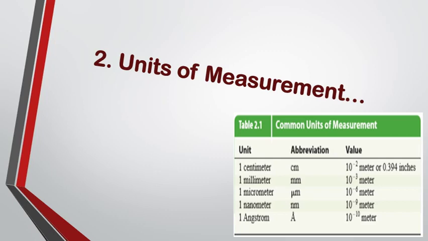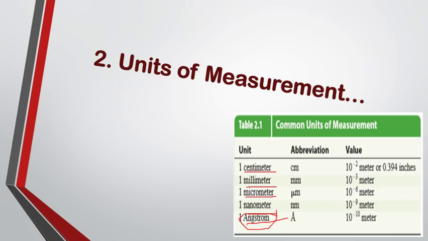The most common units that we use in our daily life are centimeters and millimeters. Then we have micrometers, nanometers, and angstrom. The smallest measurement unit is the angstrom, and we majorly use this unit in microscopy.